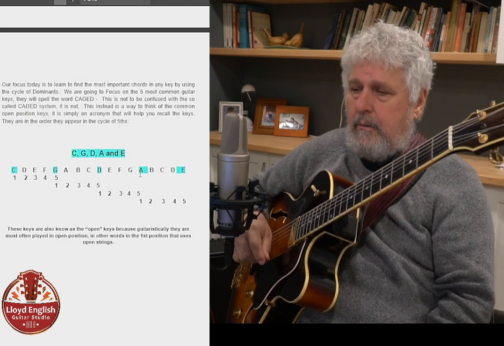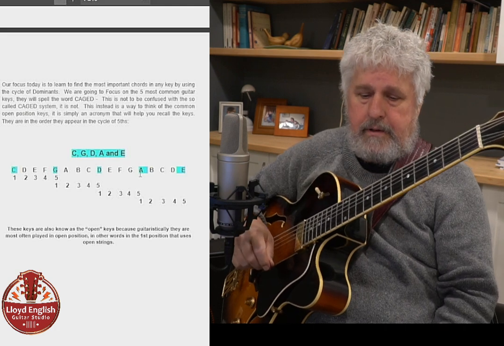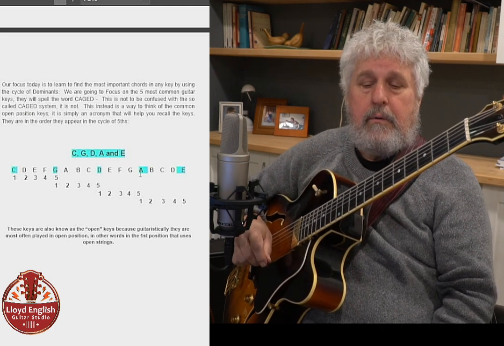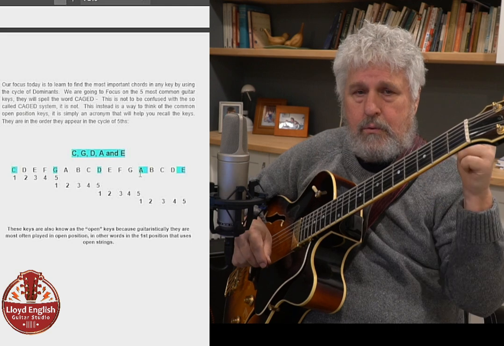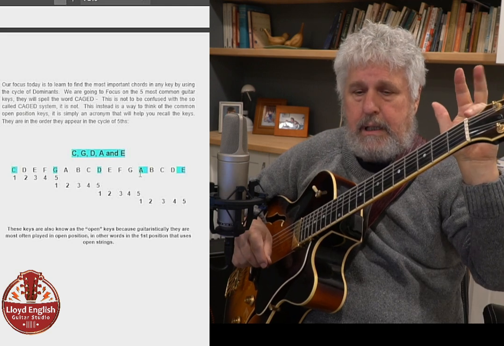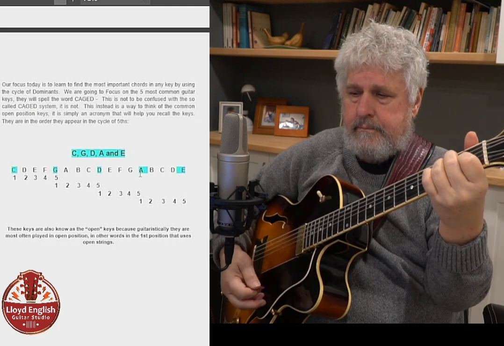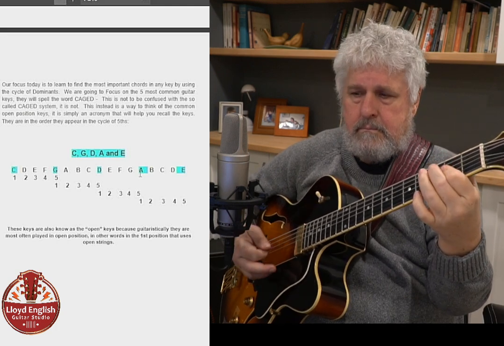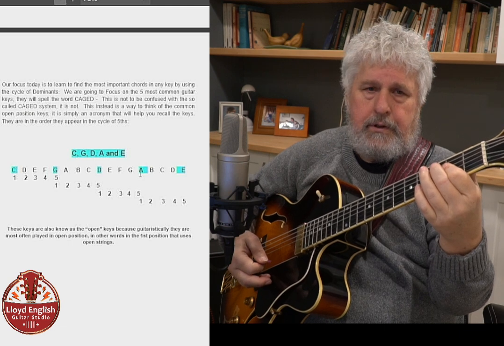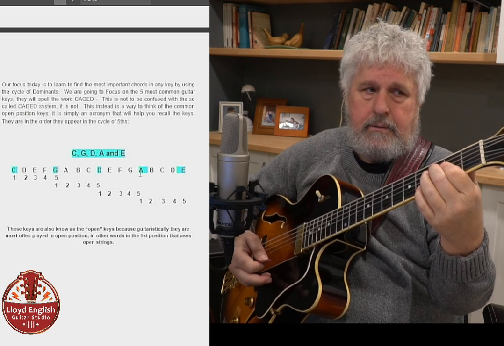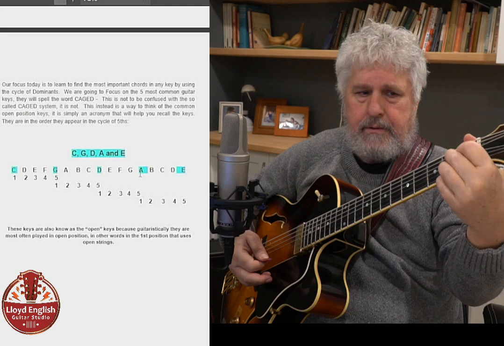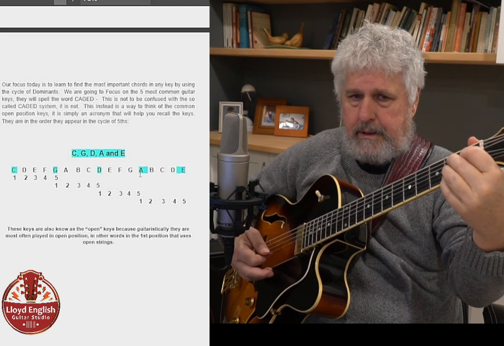And then finally, we're going to go to the key of E. And with E, we go E, root, E, F, G, A, right? E, F, G, A. And I'm going to use for the 5 chord a B7, just because it's easier in this case, technically speaking, in terms of fingering.